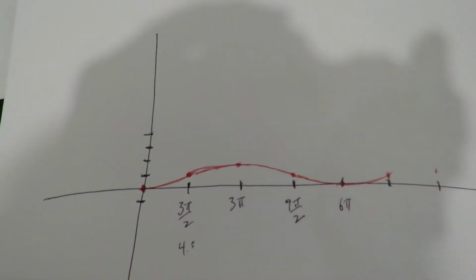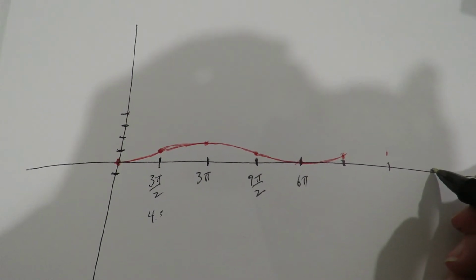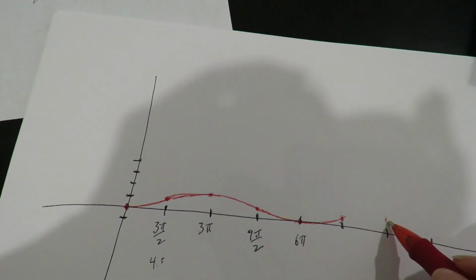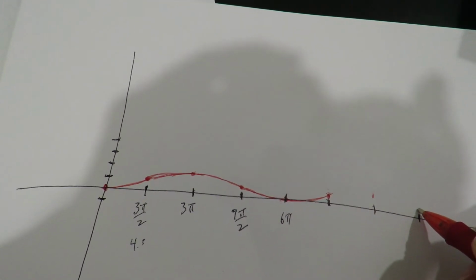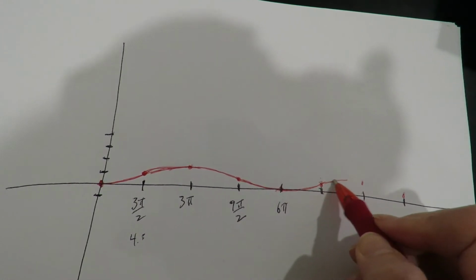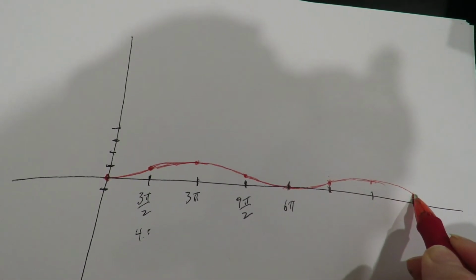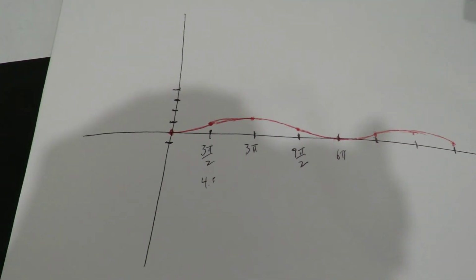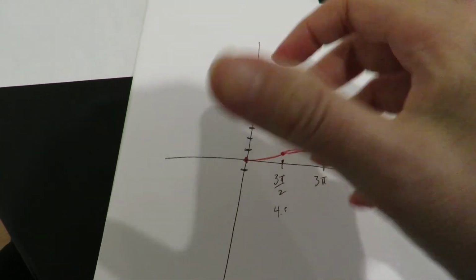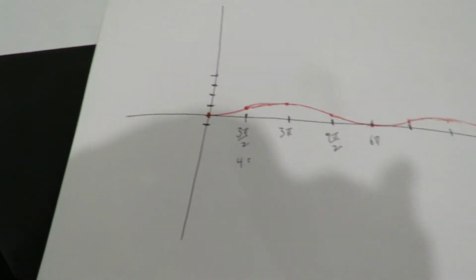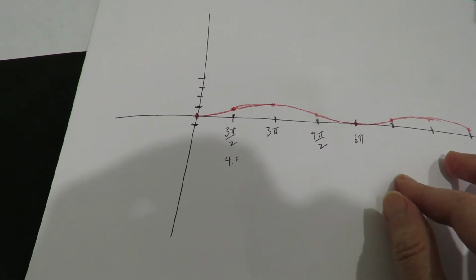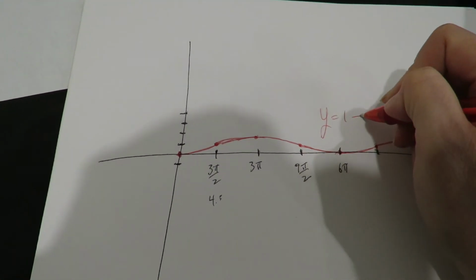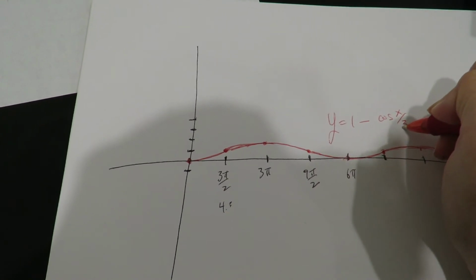Then I have to go to the middle, then to the top, and then back to the middle. Okay, and so on. So this graph again is pushed up, it's flipped, and it's stretched. And that's the graph of what we just did, which is y equals 1 minus cosine x over 3.